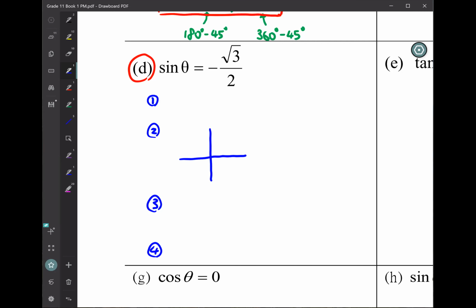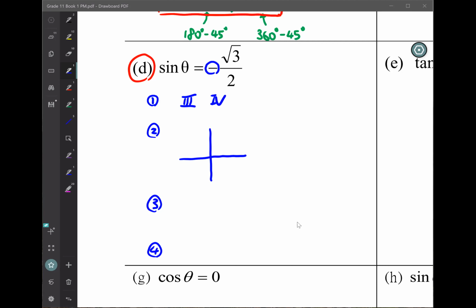Okay, Elaine, can you tell us your step 1? So determine the sign, like in the quadrant. So what is it? Either quadrant 3 or 4, 3 and 4. Thank you. Okay, so this one we have sine negative. So sine negative has to be in quadrant 3 and 4.